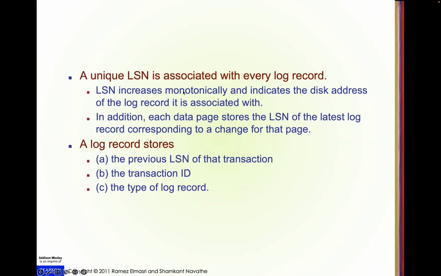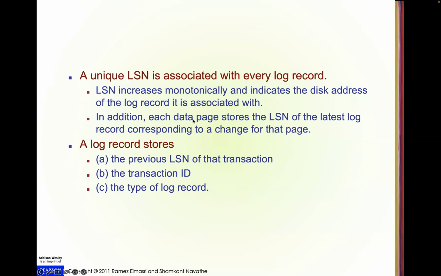So LSN increases monotonically, and what does it indicate? It indicates the disk address of each log record that is associated with it. So wherever every log record is saved on the disk, it is referred to by the LSN in an increasing fashion.